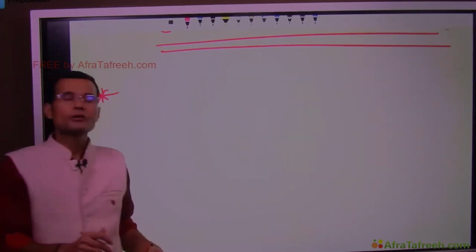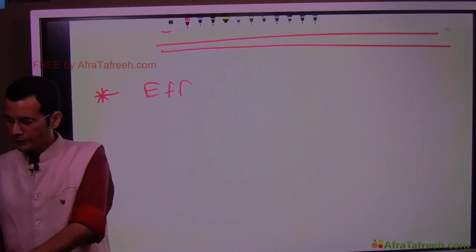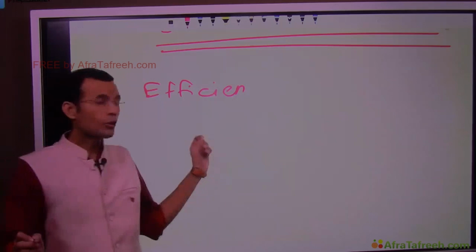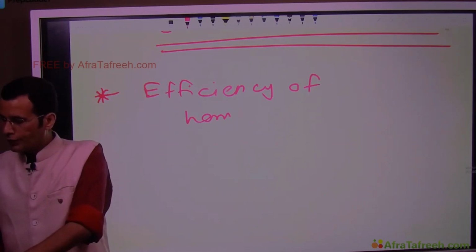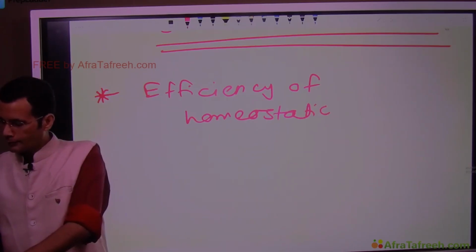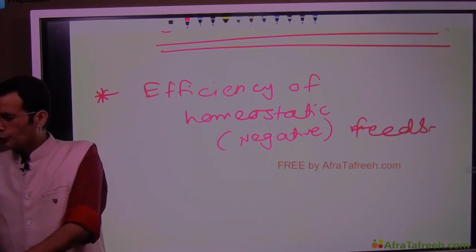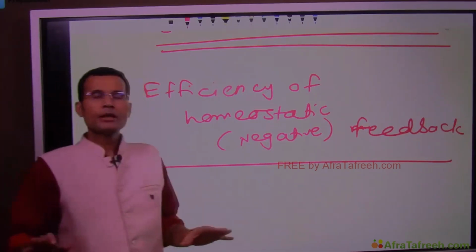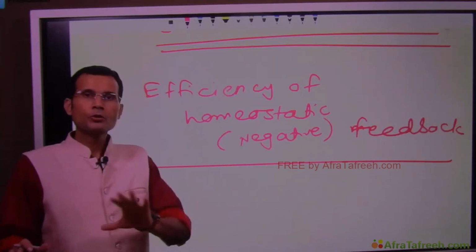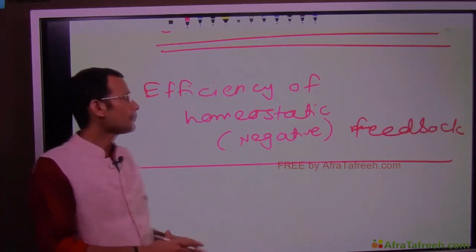What is the so-called efficiency of a homeostatic regulatory mechanism? We will discuss error in the context of efficiency of a homeostatic negative feedback mechanism. So we can measure the efficiency. How efficient is a negative feedback mechanism to bring the controlled variable back to its normal level?